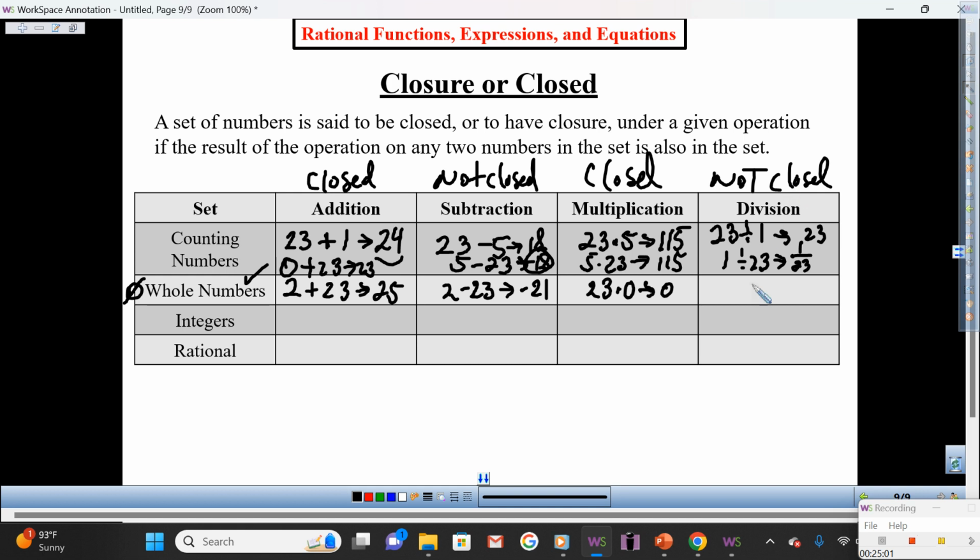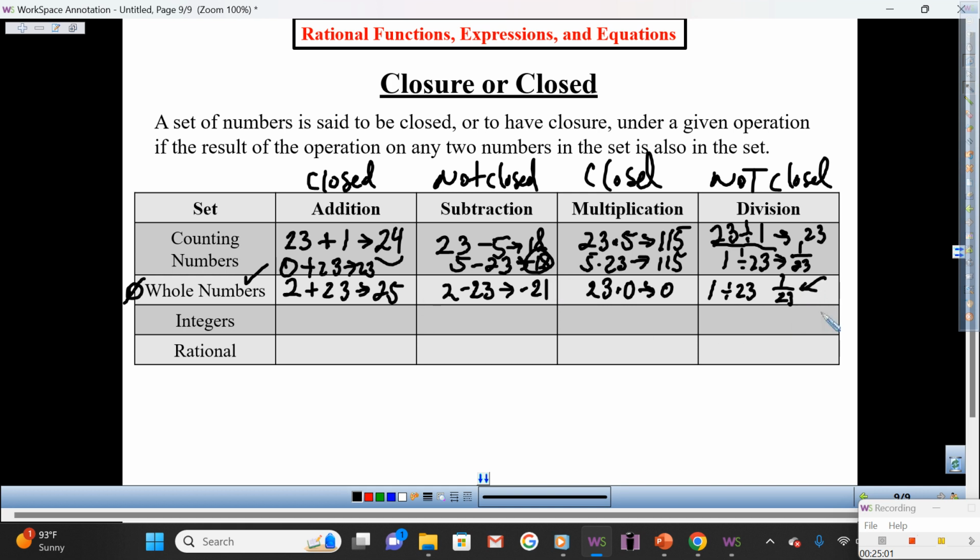How about division? What did you write for division, Rylan? 23 divided by 1? We already have that one. All right. 1 divided by 23 is still 1 over 23, and it's not closed because it gives us a rational.